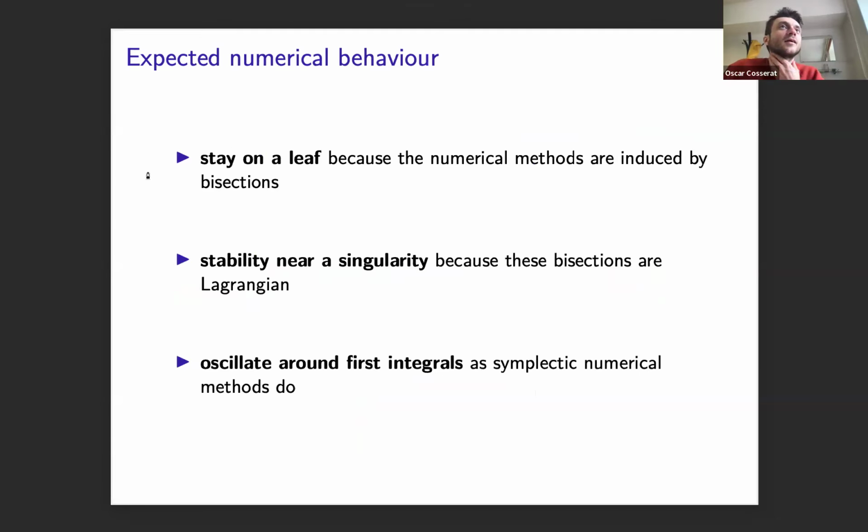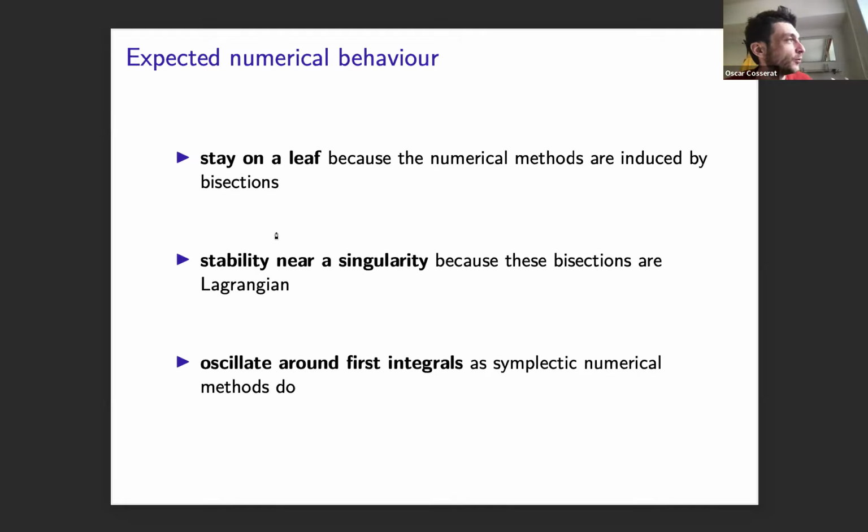So what can we expect from the numerical behavior of this numerical method? First point, it will stay on a leaf because the numerical methods are induced by bisections. Remember that in the last lecture, we have seen that any Lie groupoid induces a foliation on the base.